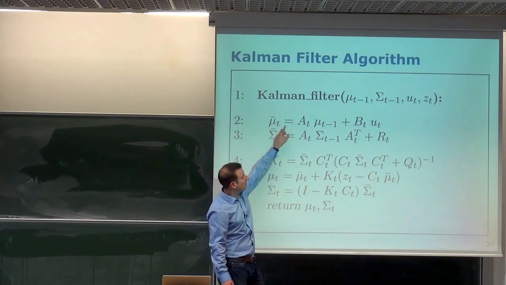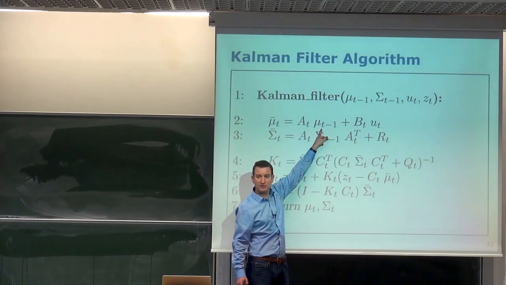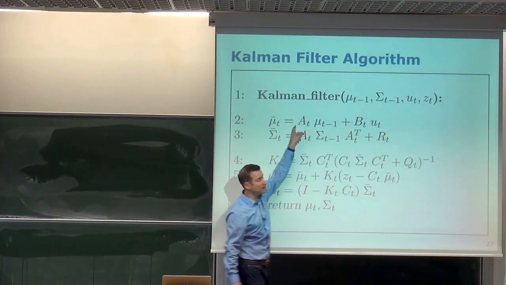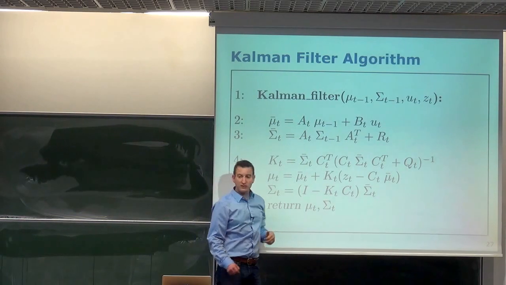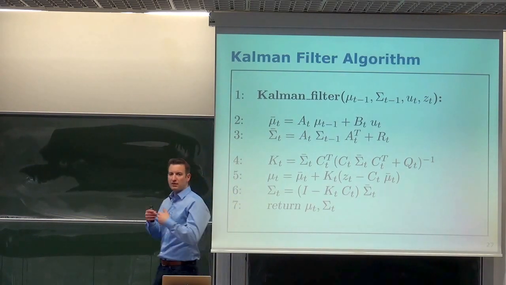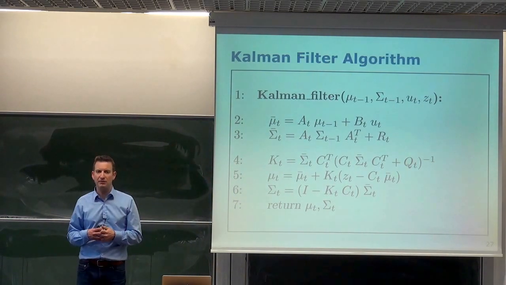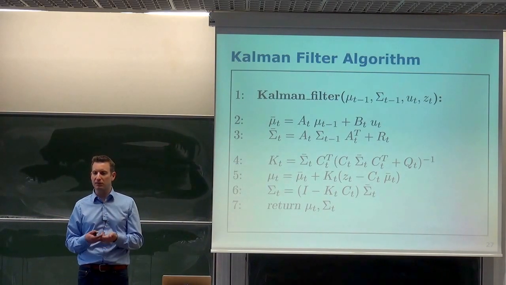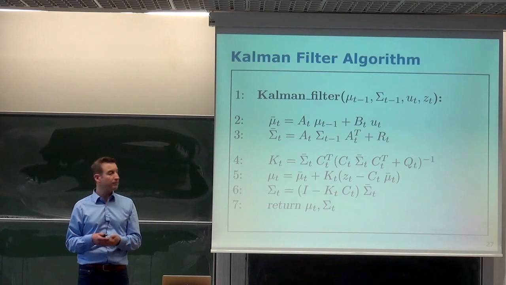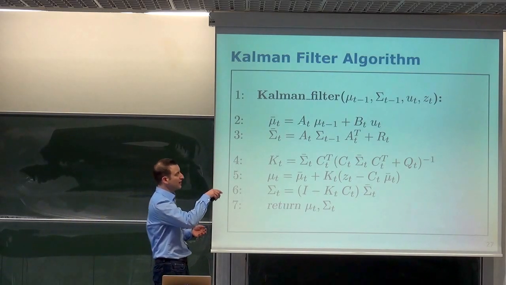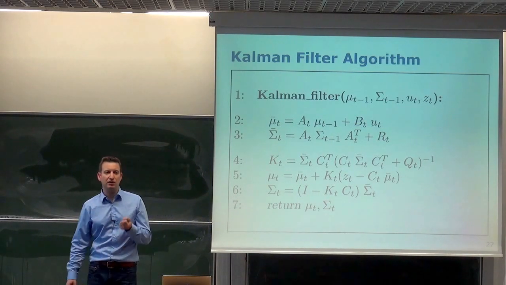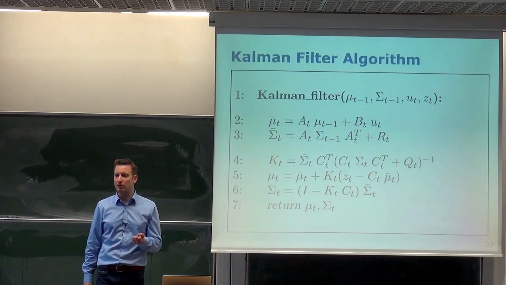So it says we have our mean estimate where we've been before. We have our odometry command. We have our linear transformation. So the only thing we need to do is take the mean of the previous point in time and transform it under this linear model. And this will give us the new mean. So computing the new mean is as easy as that, just applying this linear transformation for our motion.